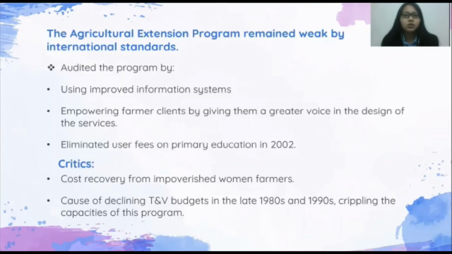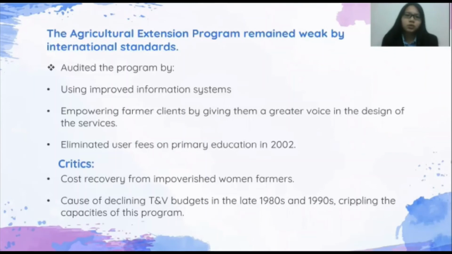Kenya eliminated user fees on primary education in 2002, making it at least nominally free for all, despite 1980s-era encouragement by the World Bank and other agencies to seek cost recovery from impoverished parents of primary pupils. As a vital part of poverty alleviation, cost recovery from impoverished women farmers is a dubious strategy.